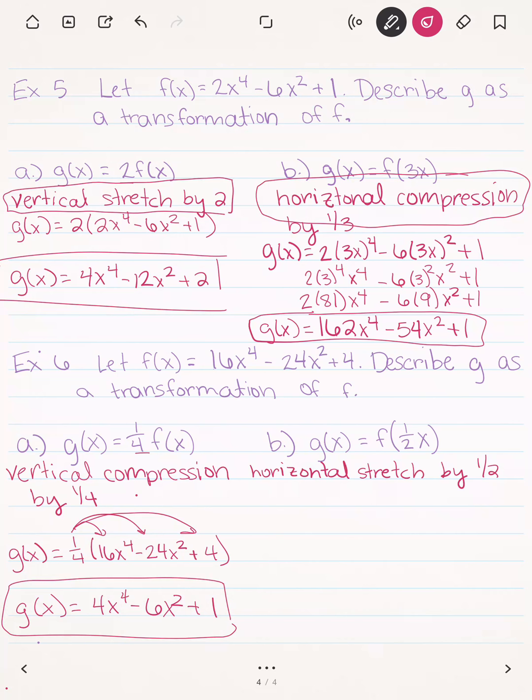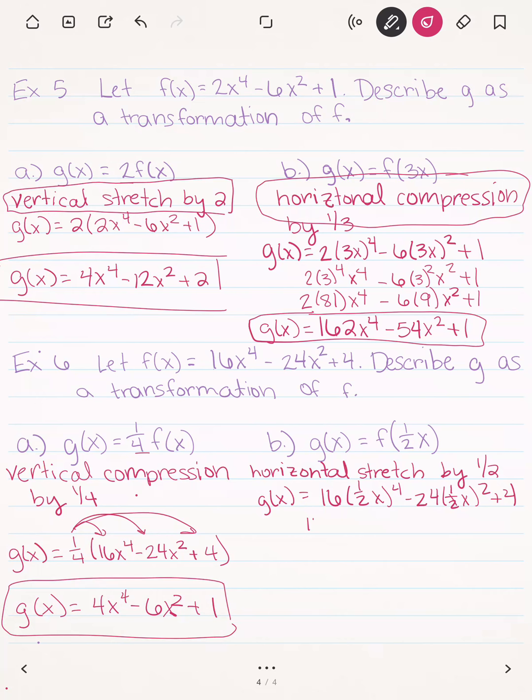Now, anywhere I see an x, I'm plugging in a 1/2 x. So I get g of x equals 16 times 1/2 x to the fourth minus 24 times 1/2 x squared plus 4.